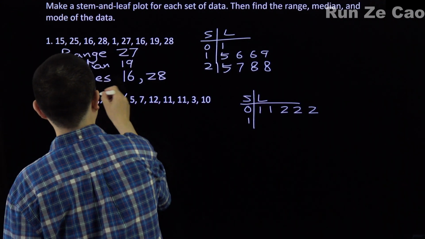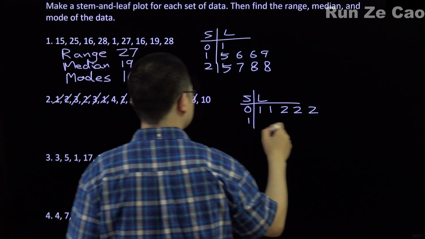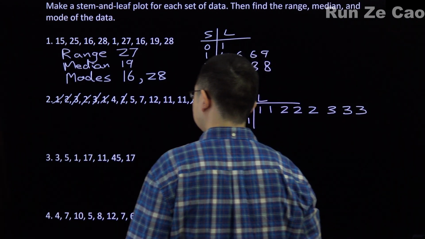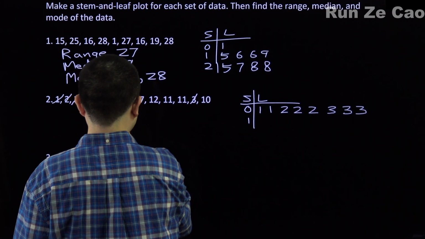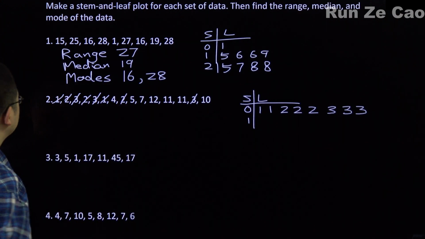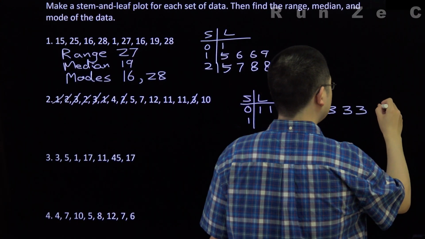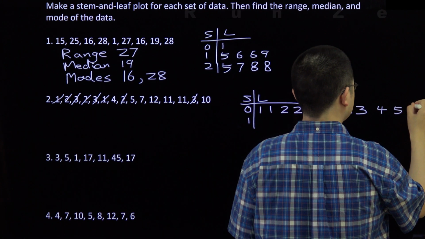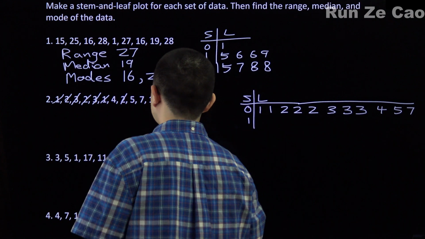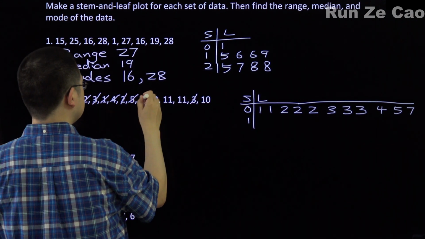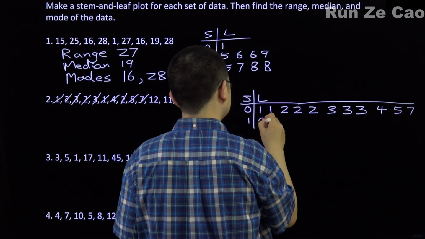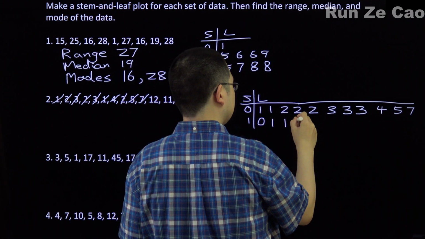How many 3s? 1, 2, 3. So 3 3s. 4: no extra 4s besides this one. 4, 5, and 7. And for the 10s, you got 10, 11, 11, and 12.